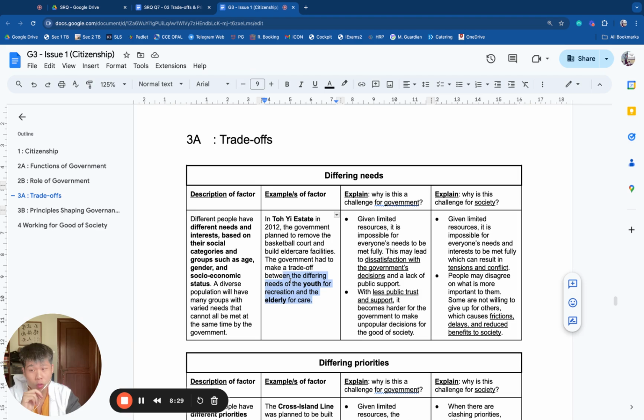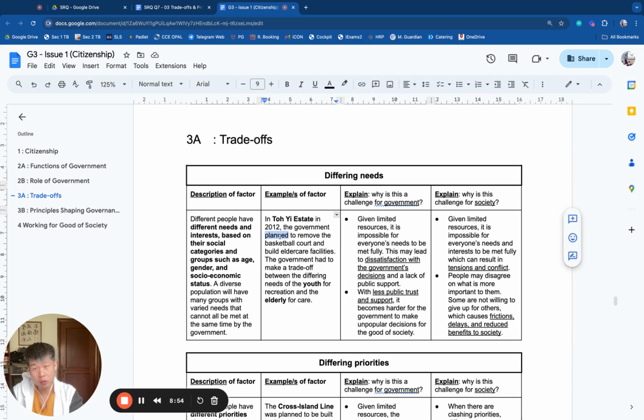So there's a clash between the needs of the youth and the elderly. But because of limited resources, only one of these two things can be built, either a basketball court or elder care facilities. And therefore, this is an example of a good that faces a clash. It's good to different groups and good to different people. And the government must make a decision between these differing needs.